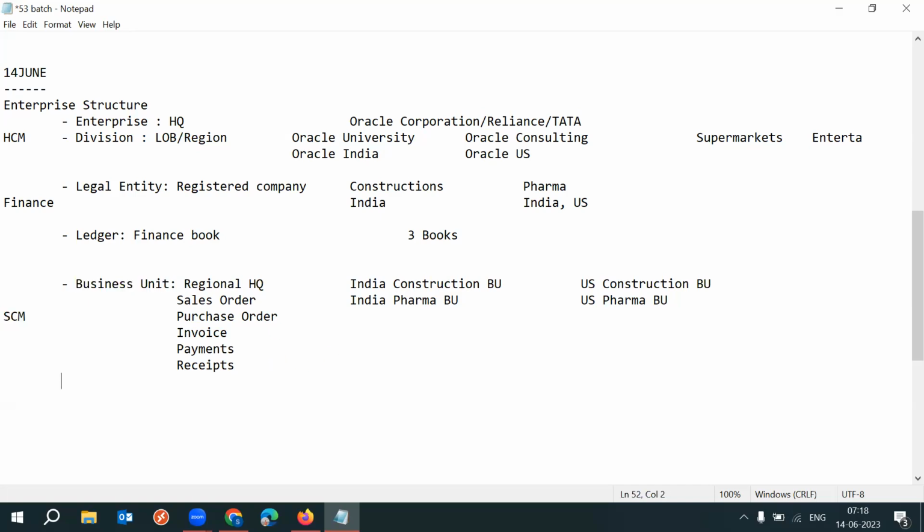The next entity is the item master org. Here all the company products are created. If you take TechLeads IT, what are my products? My products are nothing but my courses: supply chain, financials, human capital management, technical course.